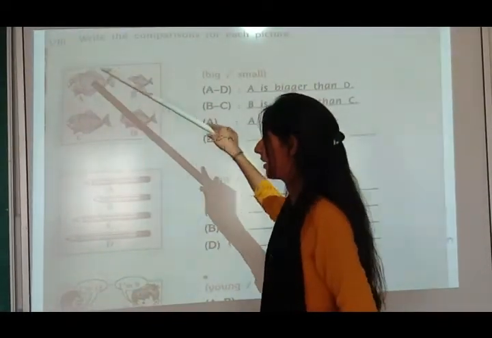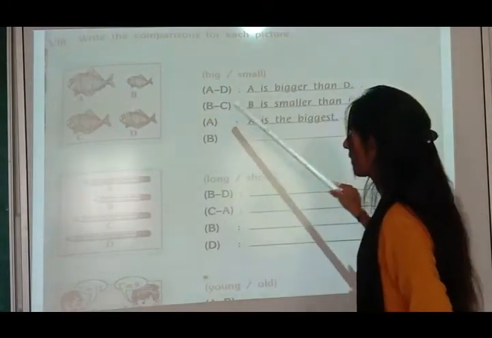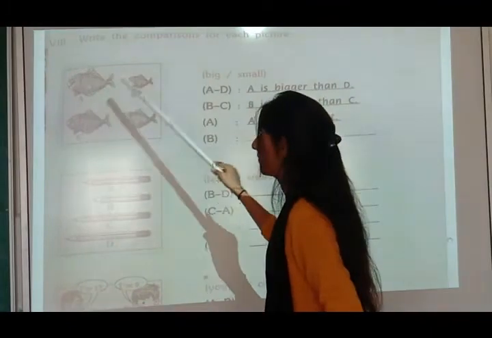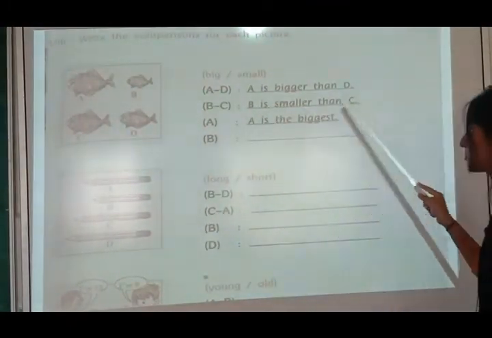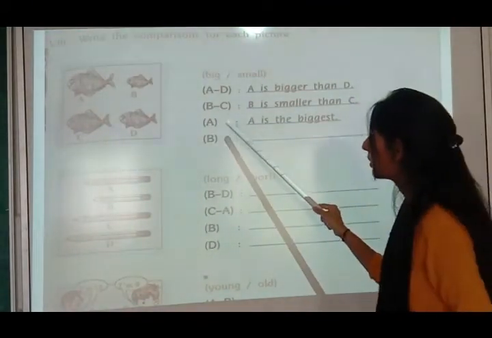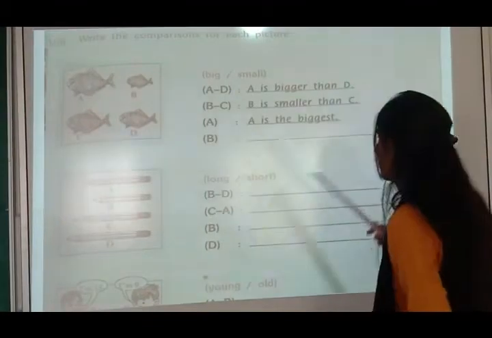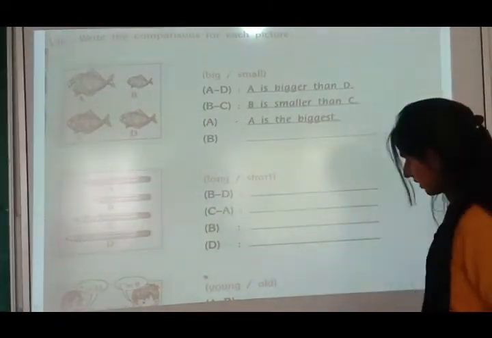A is bigger than D. So here you have to write A is bigger than D. Now the comparison between B and C. B is smaller than C. Now only A: A is the biggest among them in the picture. Now only B: B is the smallest.